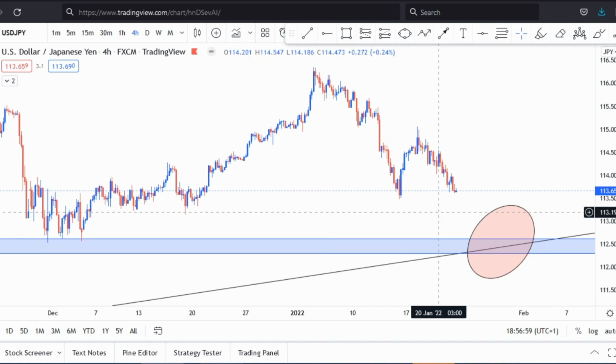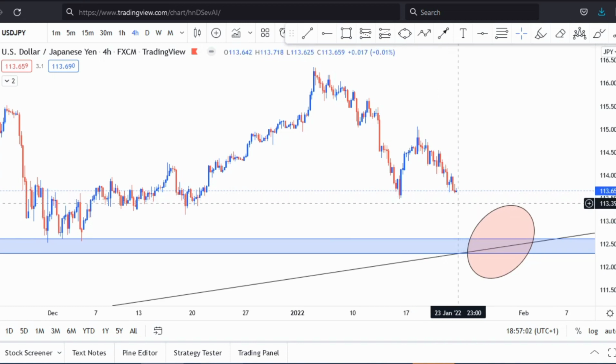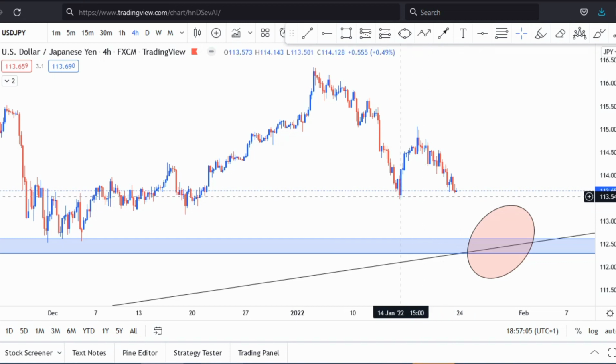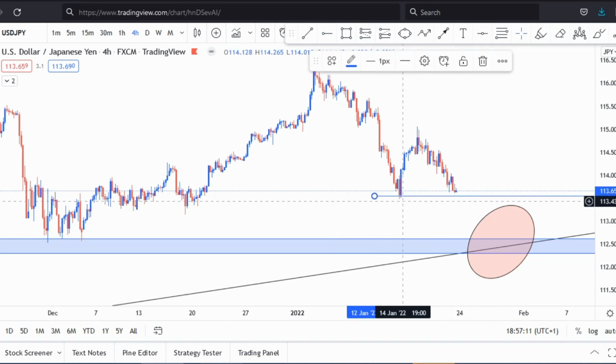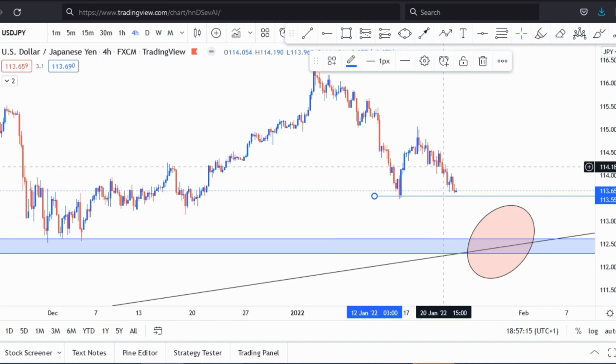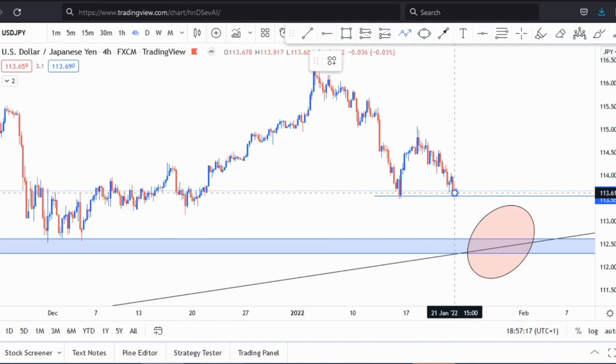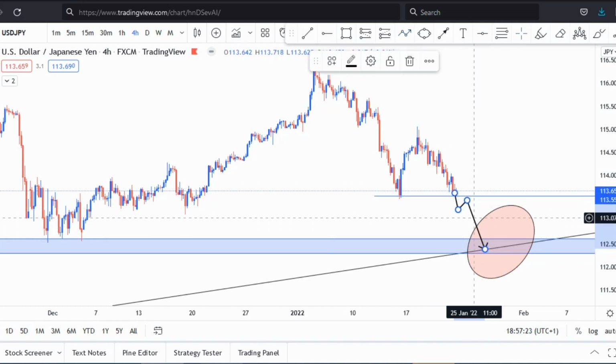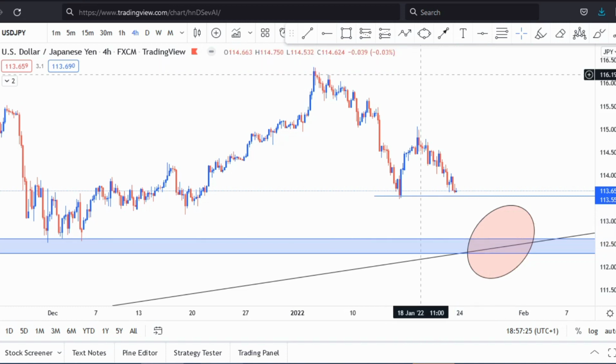But if you feel like you need to trade this level, then the next area you need to look out for is this level over here, and you'll be looking for a break below this area. Once price breaks this level of structure, you expect that price will continue to the downside. But even if price breaks this level, just wait for price to get down to that level, because I believe price will.